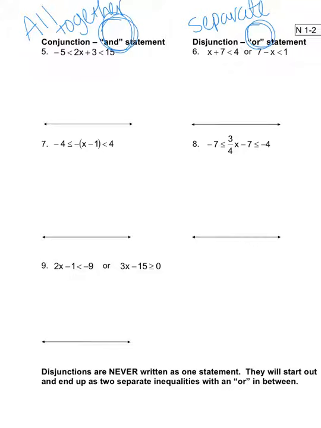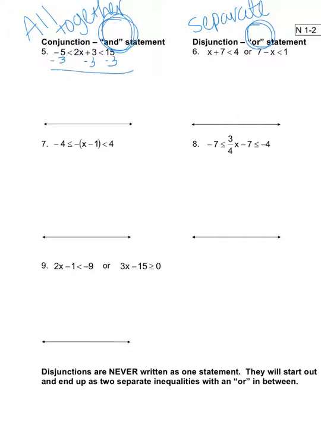Okay, so on number 5, we have an and statement. So it's all together. We're still going to solve it the same way. So for right now, I'm just going to mark through this. If we had that, that was what we had on the front. Okay, so I'm going to go back. We're going to solve for x. So the very first thing, if you wanted to cover up that other side, the first step would be to subtract 3 on all sides.